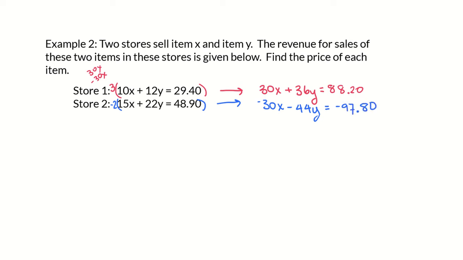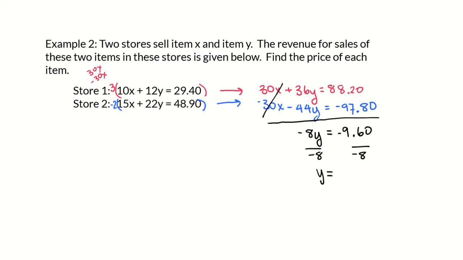And then at the elimination step, we add the two equations together. The x's are eliminated. 36y minus 44y is negative 8y. Negative 960. And then we solve for y, so divide by negative 8.